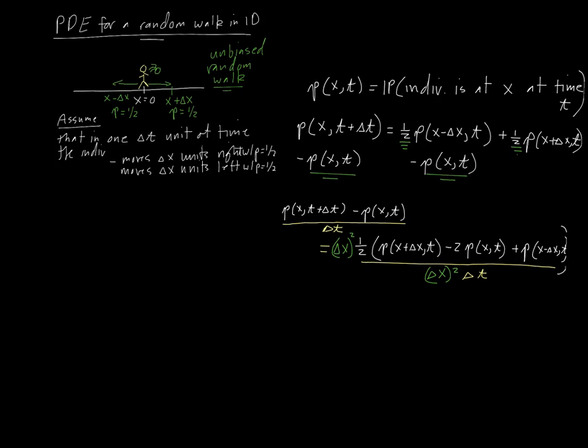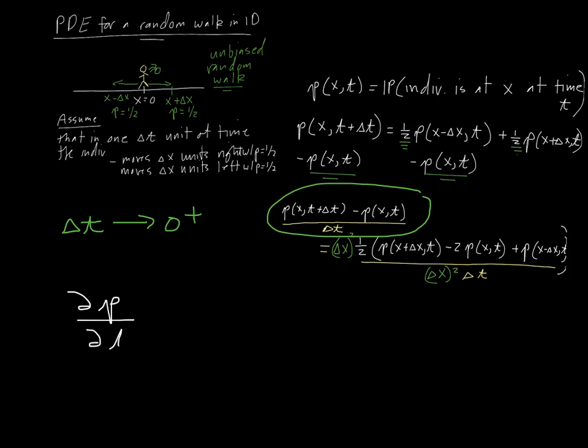The left-hand side here, if we allow our instance of time to become arbitrarily small, that's just the difference quotient with respect to t. So that becomes the partial of p with respect to t.